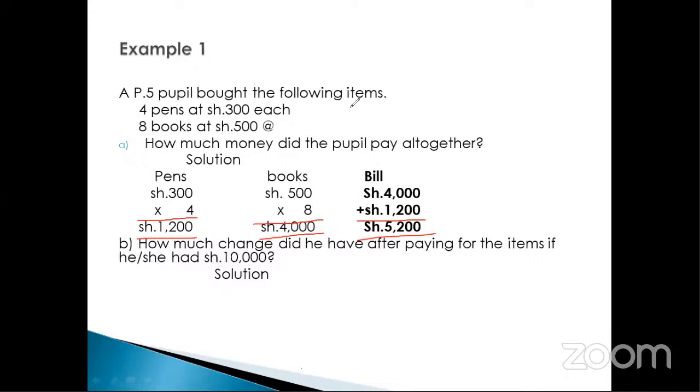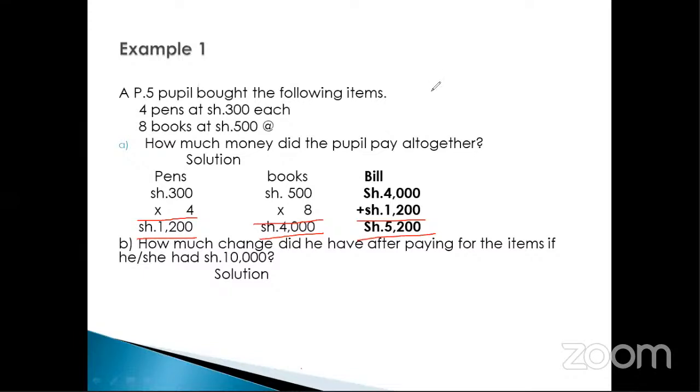We subtract 5,200 from 10,000. Or in other words, you can say 10,000 shillings minus 5,200. So for you to get the change, like when I explained to you the meaning of change, we said that change is the money, the difference between the bill and the money you had before.